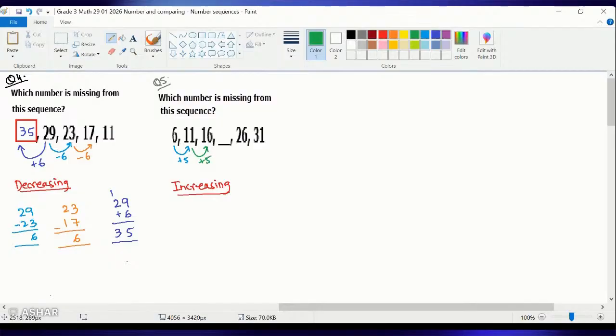Yes, 21 is the answer. Then the next one should be 16 plus 5 to give this answer. What is 16 plus 5? That is 21. That means the missing number in this sequence was 21.